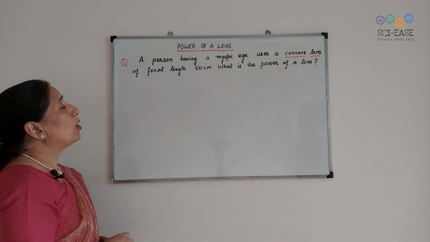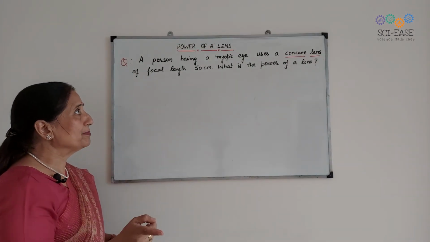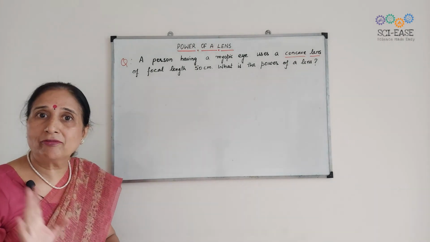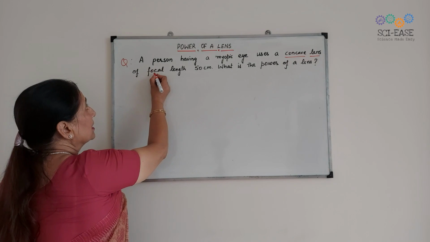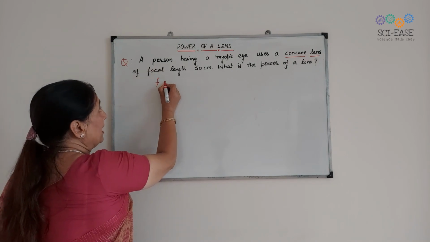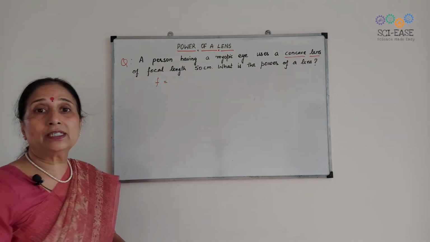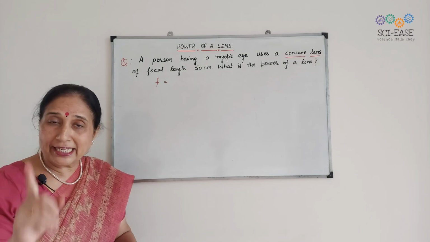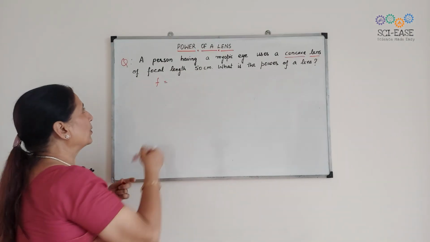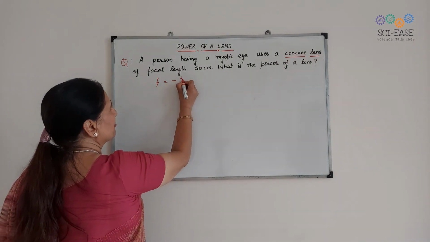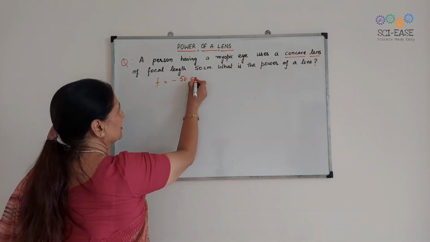Concave lens of focal length 50 centimeter. What is the power of the lens? Okay. So, given is focal length. And we know that for the concave lens, focal length is always negative. So, it will be minus 50 centimeter.